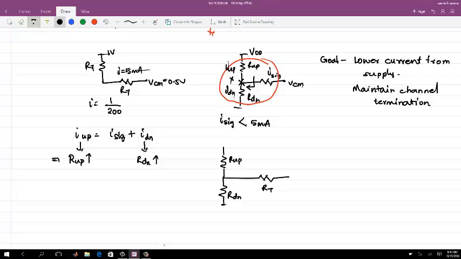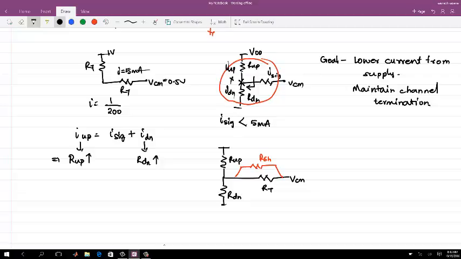You put an extra resistance RSH, and this is VCM. You do not necessarily put that at the receiver. I will show how you put that up, so we'll come to that. Just have a look at this.